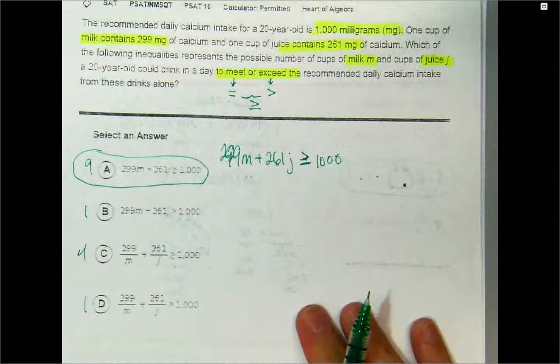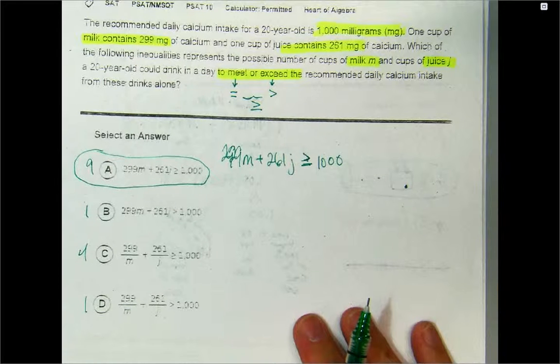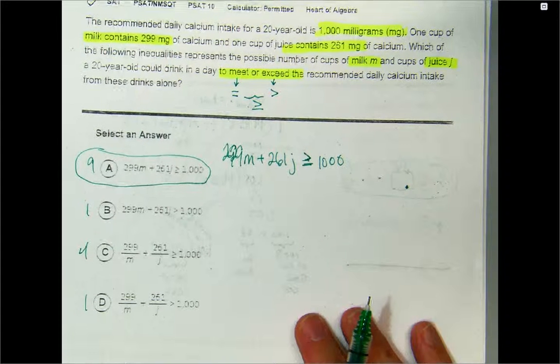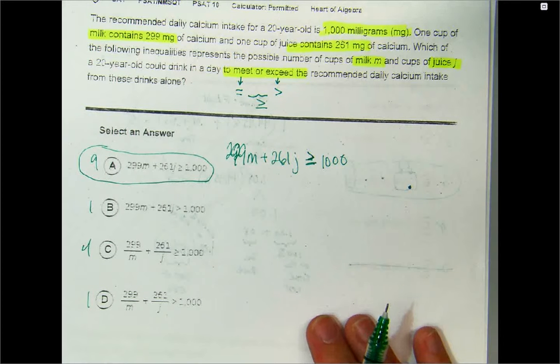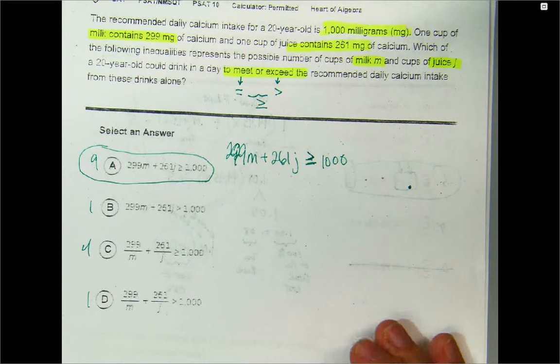Very seldom do we end up dividing. Have you noticed that? A lot of times when we're talking about rates, unless it's a work problem. Work problems are the ones where we have the division going on. Most everything else we're going to multiply. A lot of times you're going to have something and multiply it by how many you got, and that's what you end up with. So that happens a lot.